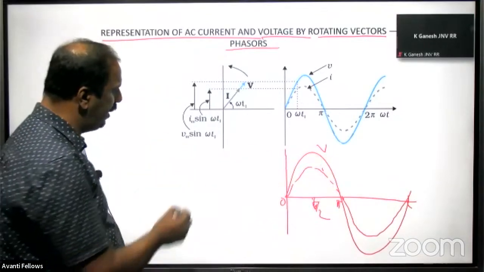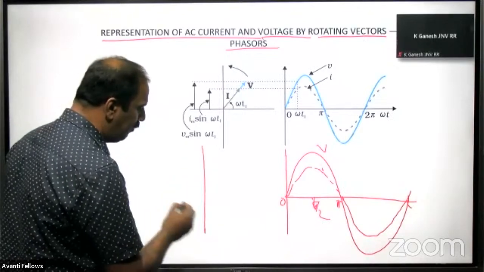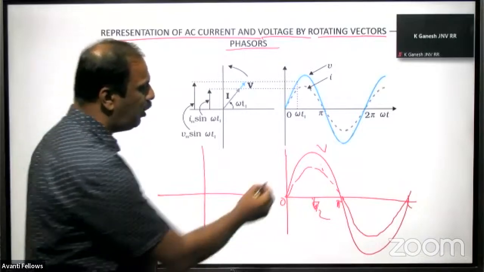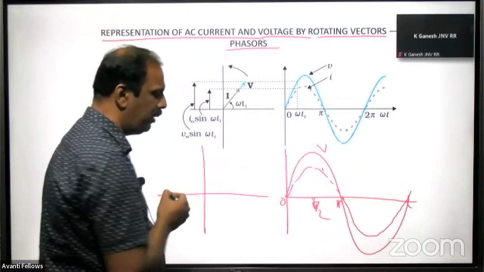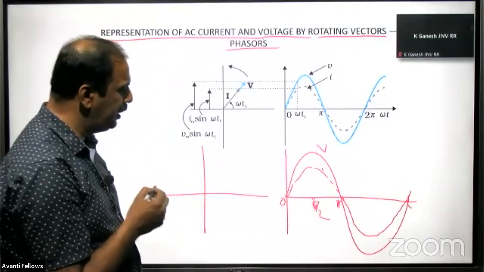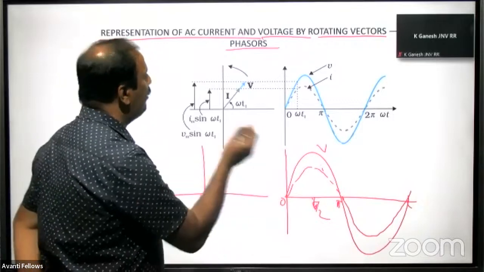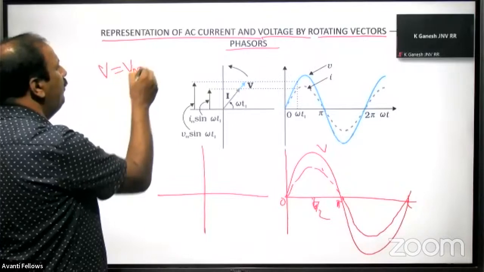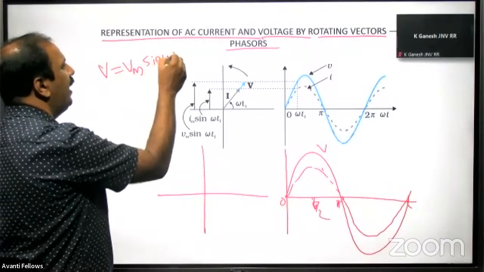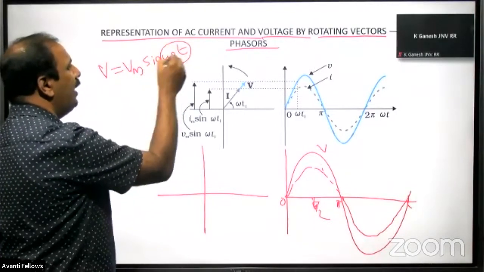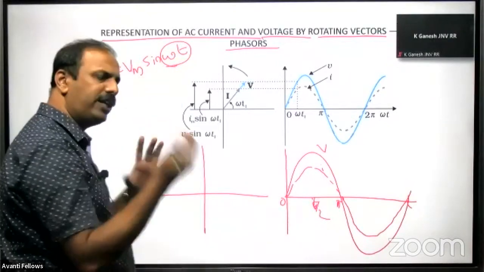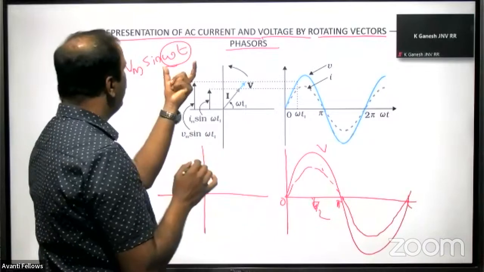You see here, in a phasor diagram, we have a rotating vector. This voltage we have to represent in this one. For that, you take a random time, because our voltage is given by V is equal to Vm sine omega t. If you take a particular time, you take omega t, you will get an angle.